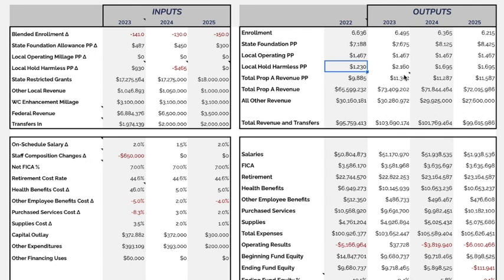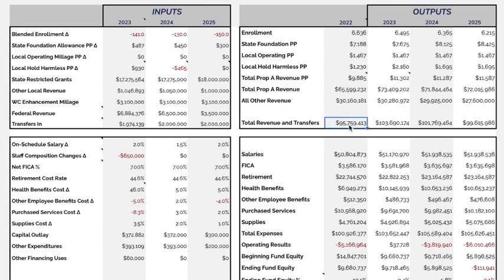And I'm going to skip ahead to 2024 to show that in a normal operating state, the local hold harmless revenue would be $1,695 per pupil. So because it was abnormally low in 22, it then became abnormally high in 23, which is why you see this large increase of revenue.